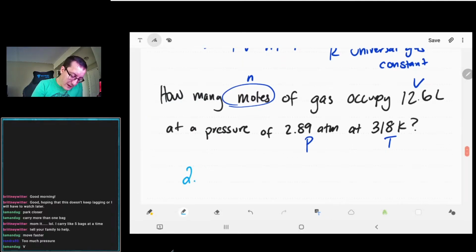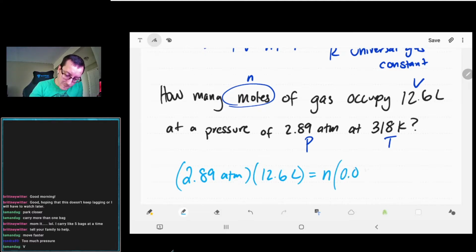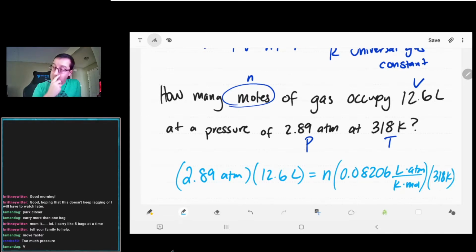So 2.89 atmospheres times 12.6 liters equals N times the universal gas constant and our temperature.